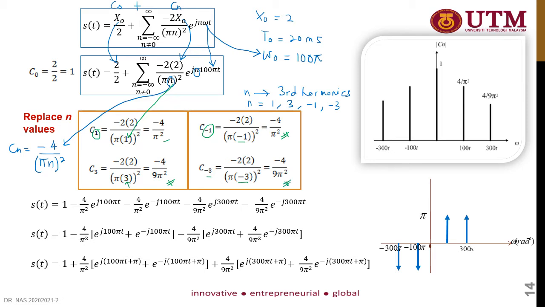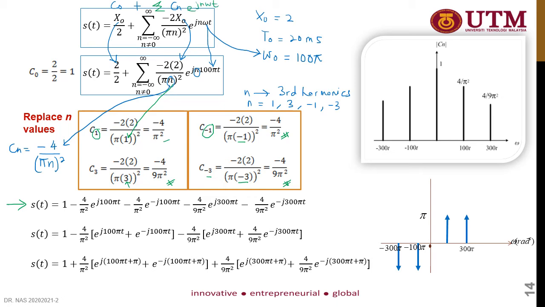So the last step is to write down the complete Fourier series equation in exponential form. Remember, the basic equation is C0 plus the summation of Cn e^(jn omega t).